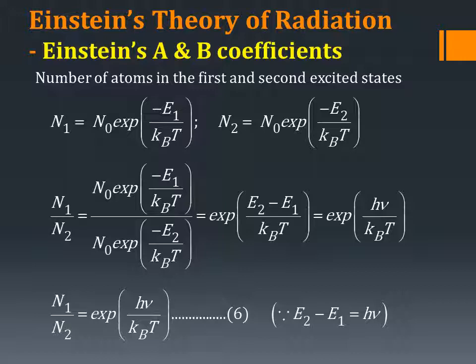On writing these two expressions, cancelling the N0 terms in the numerator and denominator, taking the exponential term which is there in the denominator to the numerator, and consolidating the terms, we obtain N1 by N2 to be equal to exponential E2 minus E1 divided by kBT. We know E2 minus E1 is equal to h nu, therefore N1 by N2 is exp h nu by kBT. This is written here as equation 6.